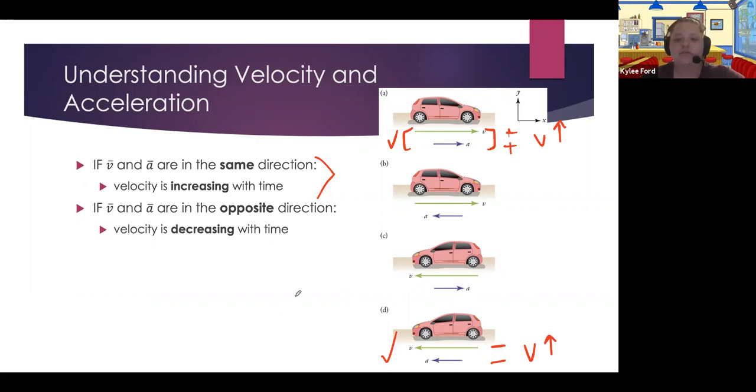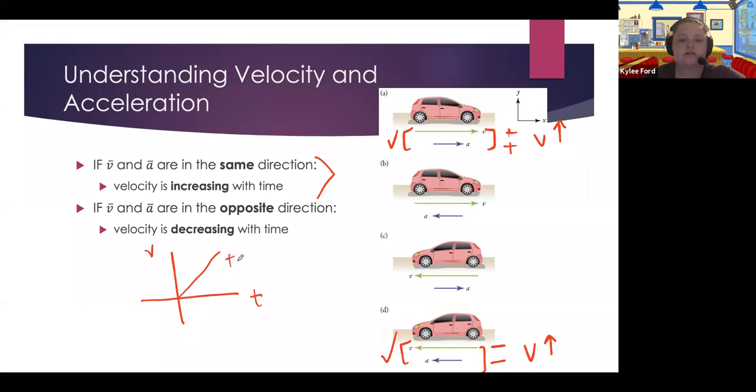Now, we can talk about why that is. If we have a graph of velocity and time, remember, the slope of a velocity versus time graph is acceleration. So if my acceleration is positive and my velocity is positive, we will have a graph that looks something like that.